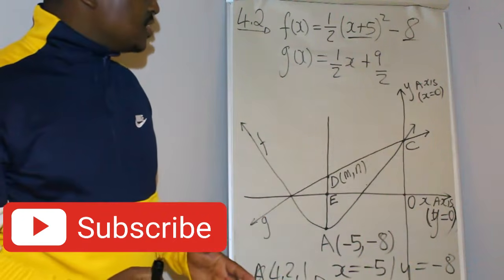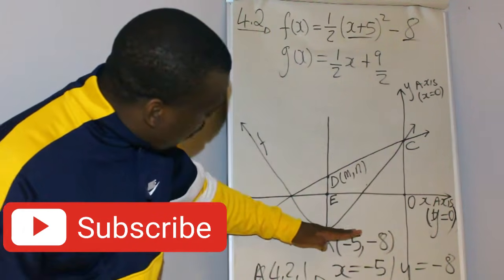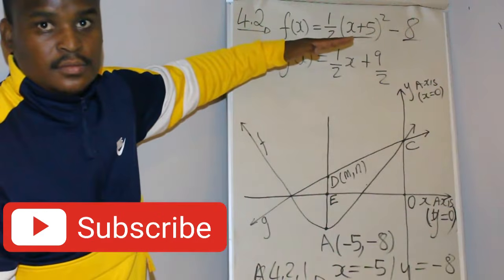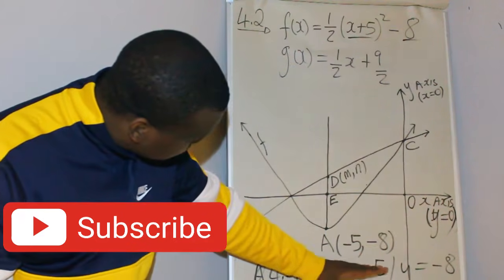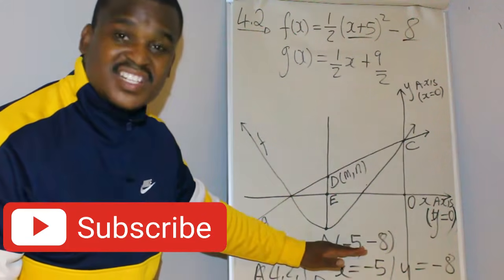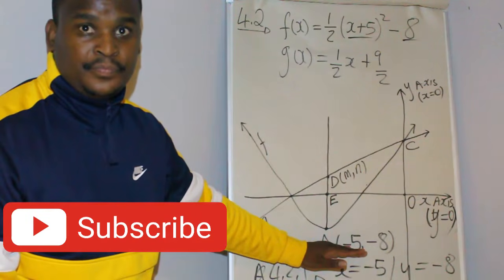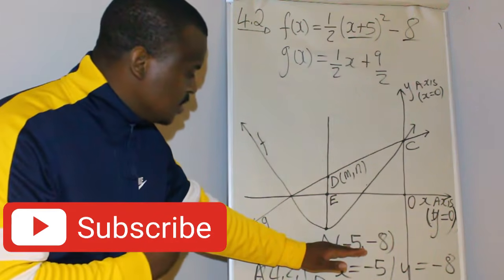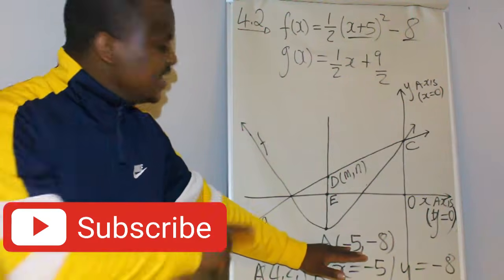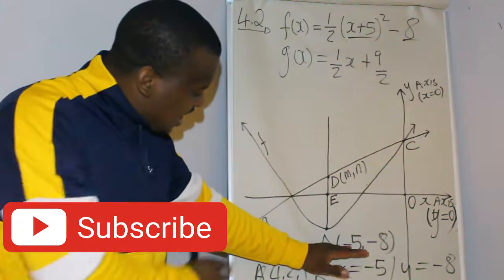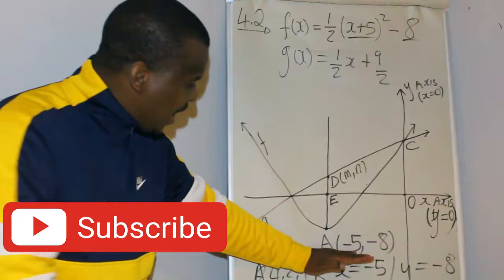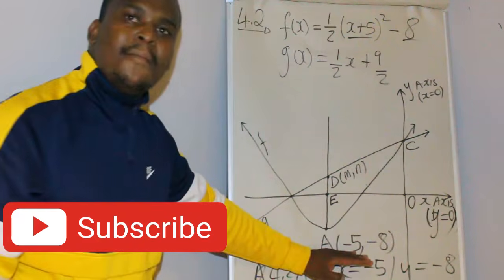The y values that this function will use are all the y values that are above this point, because below here, which is at -9, this function does not get there. You can't say y equal to -9 is used by this graph, because this graph doesn't go past -8.